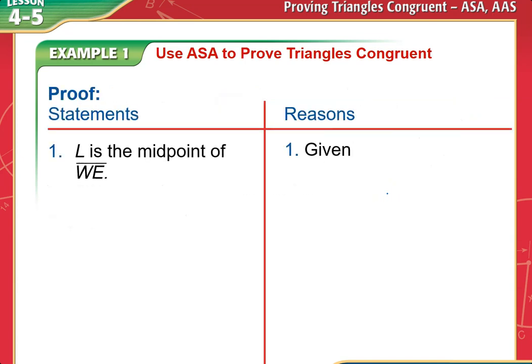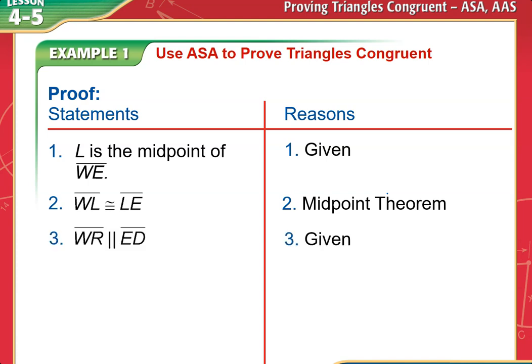We have L is the midpoint of WE, and that's given. Therefore WL is congruent to LE. We also have that the two sides are parallel, that's given.